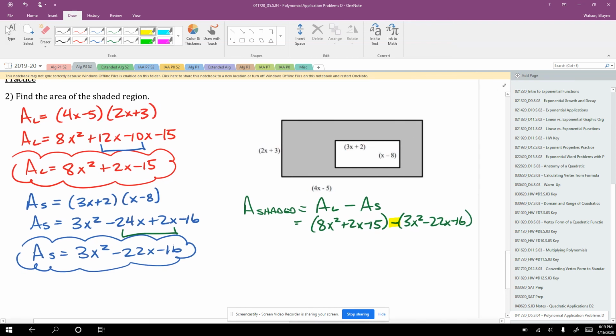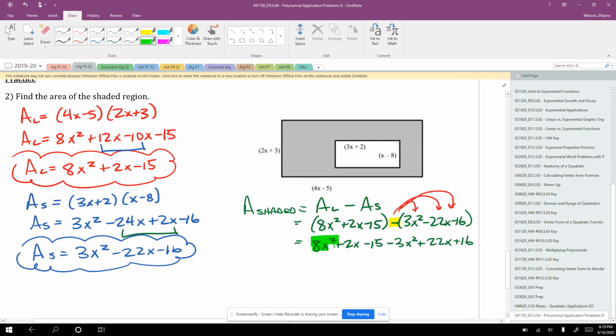Again, please remember to distribute that negative. 8x squared plus 2x minus 15 minus 3x squared plus 22x plus 16.